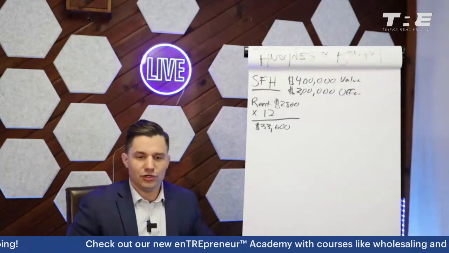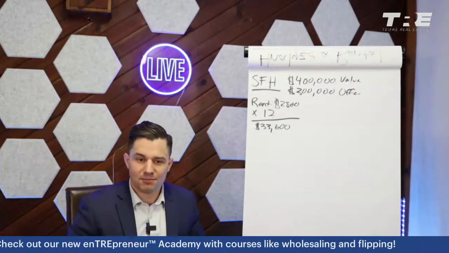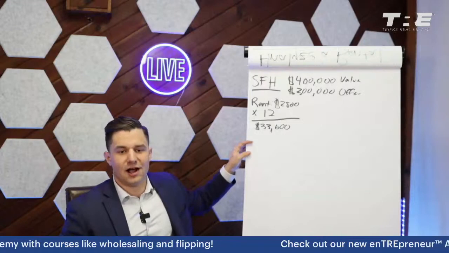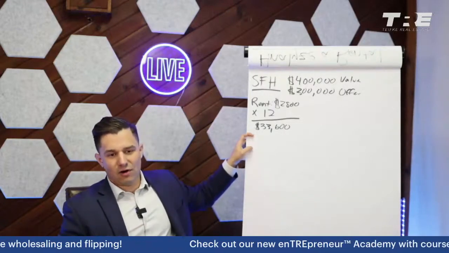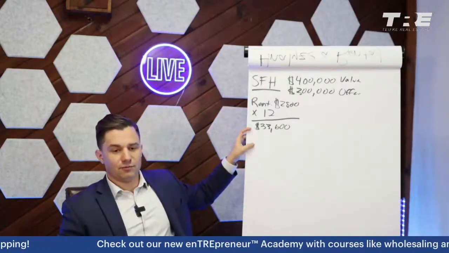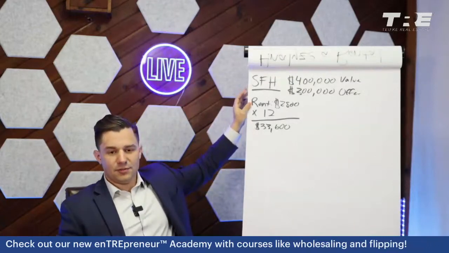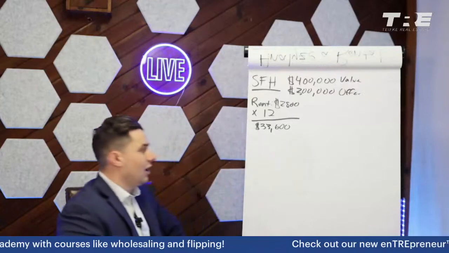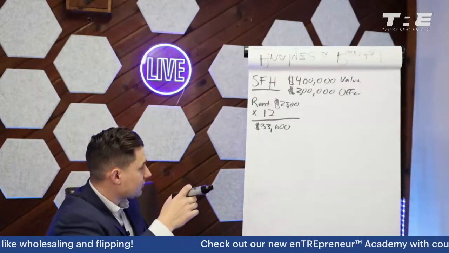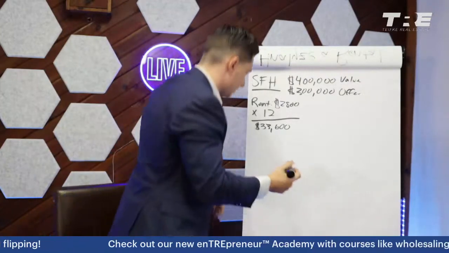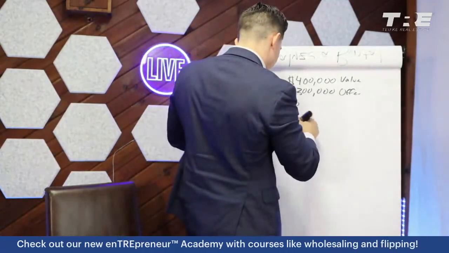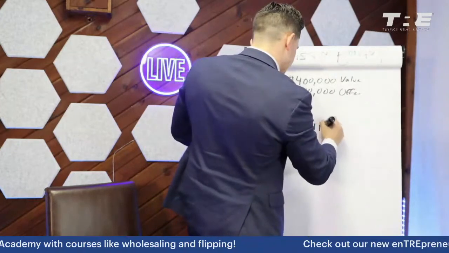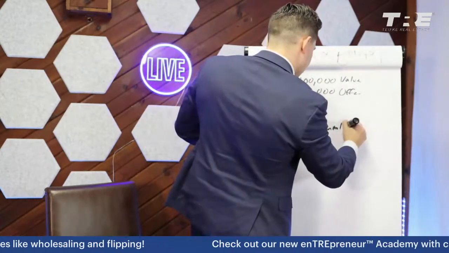If 2 units are vacant in a 20-unit apartment complex, that means it's 90% occupied. So we also want to look at the occupancy and see how often this is rented out. But for the single family home, it's either 100% or 0%. So we're rolling with 100. Otherwise, you'd make $0. So here is your annual rental income.